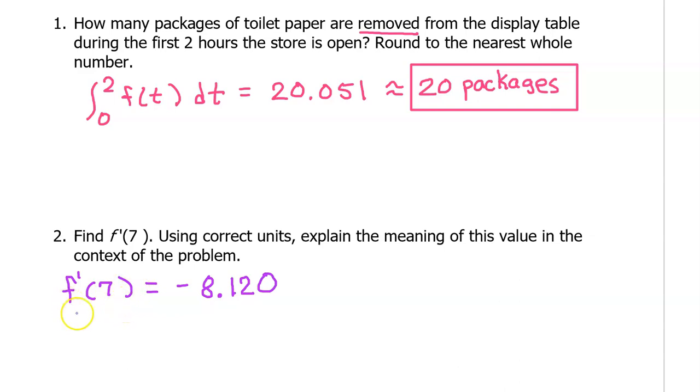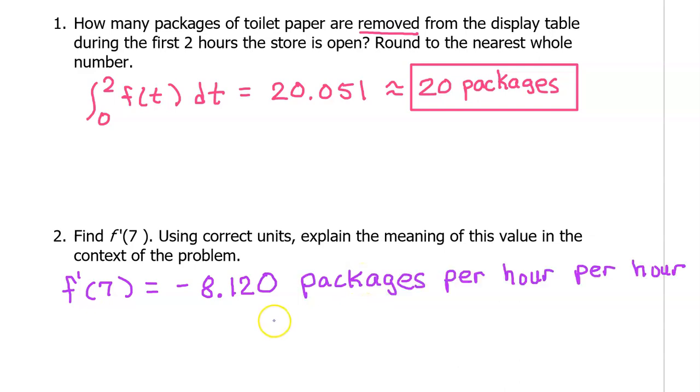But f of t is already a rate. f of t is the rate at which packages are being removed from the display, in packages per hour. So if we take the rate of change of that rate, then we're talking about packages per hour per hour. Instead of saying packages per hour per hour, you could also say packages per hour squared.